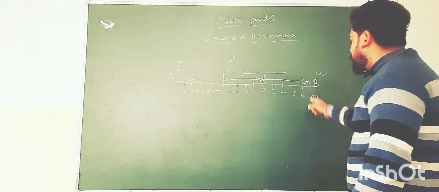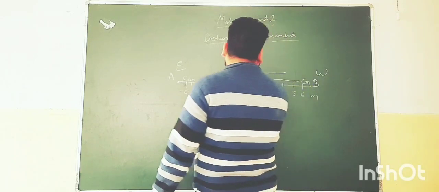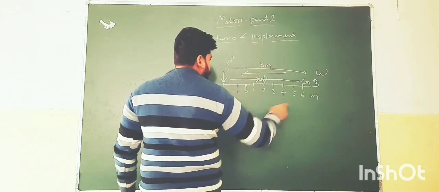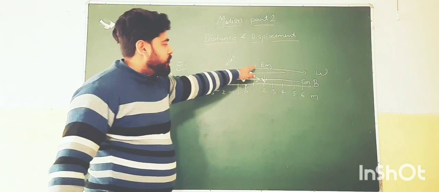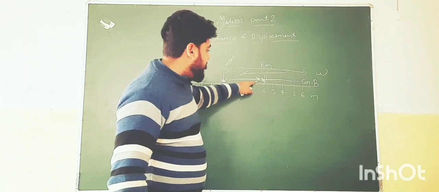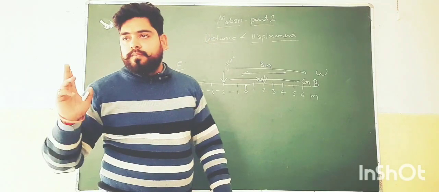Then what was the magnitude in the first case till here? It was 8, means from here to here the value was 8 meters, that is in the meter only. So distance is your 8 meter. But when the object again turns here, how much? That is your till 2.